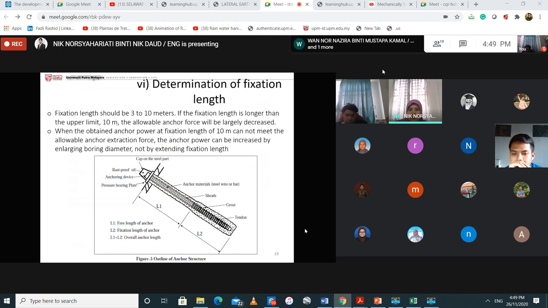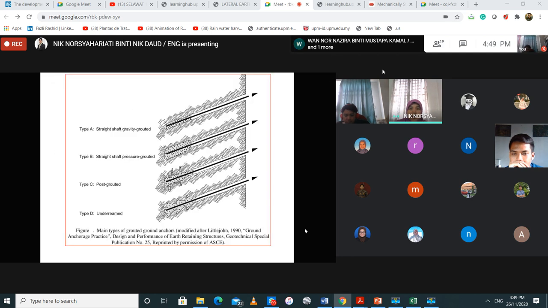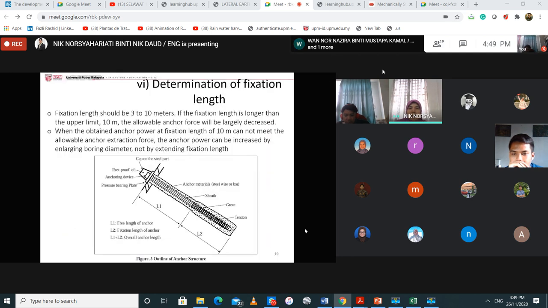Then the determination, once you have the type of anchor and steel material, is 6, 7, sorry, the fixation length. The fixation length you also have to take into account. It should be 3 to 10 meters. But again, there's a limit to it. Even for 3 to 10 meters, you need to study the existence of the bedrock first before you propose any length.